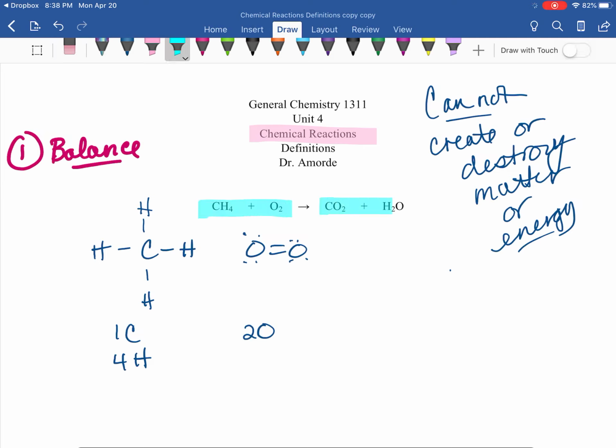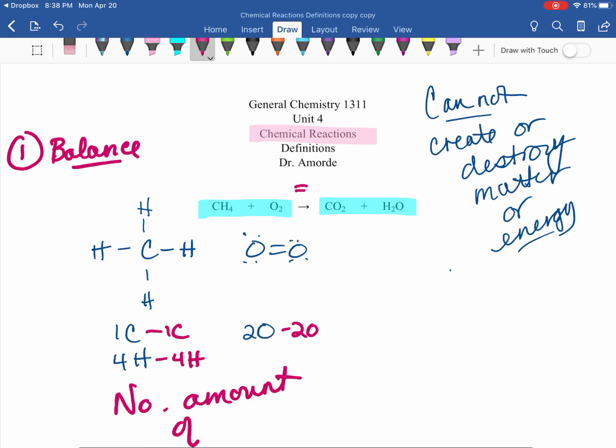So whatever is on this side of our equation, right here, literally has to equal what's on this side of the equation. They have to equal. So if I have 1 carbon, 4 hydrogens, and 2 oxygens, the only thing that happens in a chemical reaction is that we rearrange those bonds. But the actual number or amount of those atoms must equal on both sides.